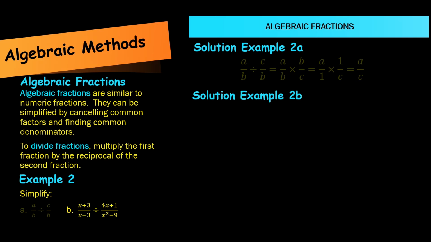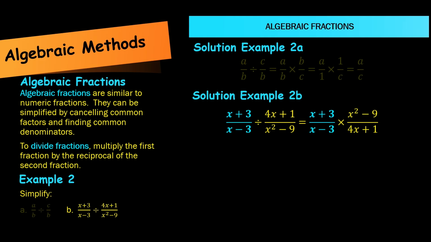And now for part B. We have one algebraic fraction divided by another. So we leave the first algebraic fraction as it is, and then turn the second one upside down and multiply. We then see if we can factorise further.